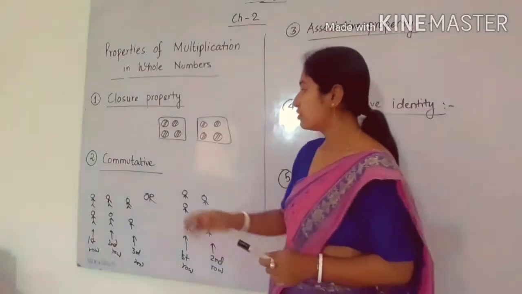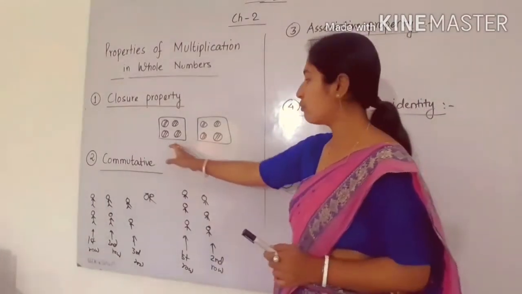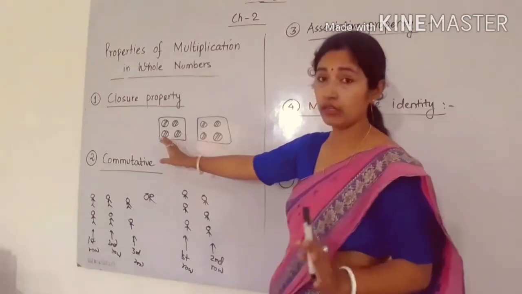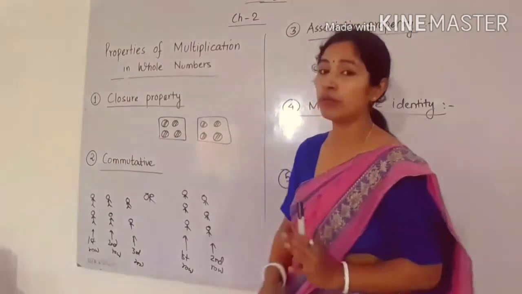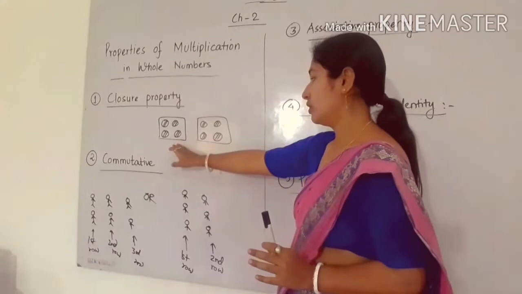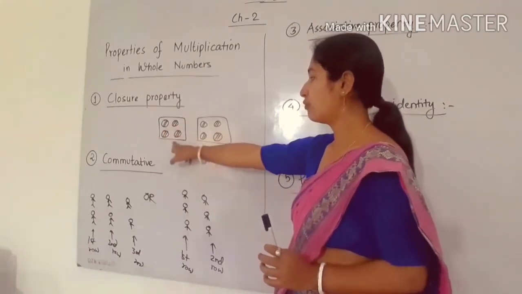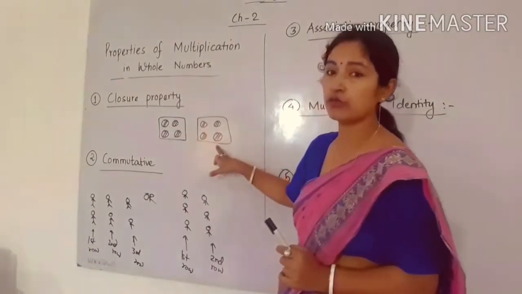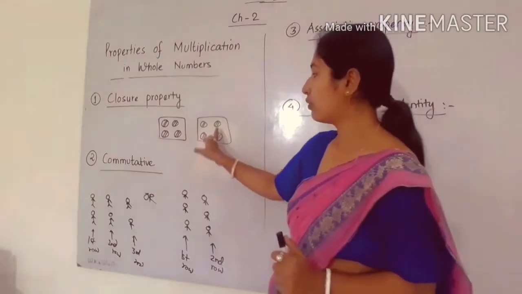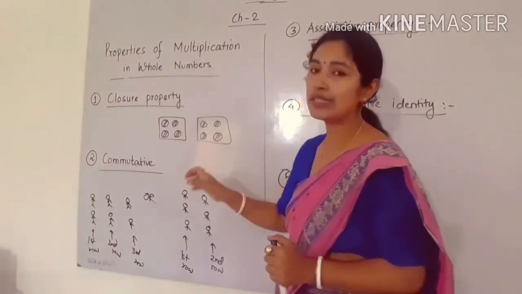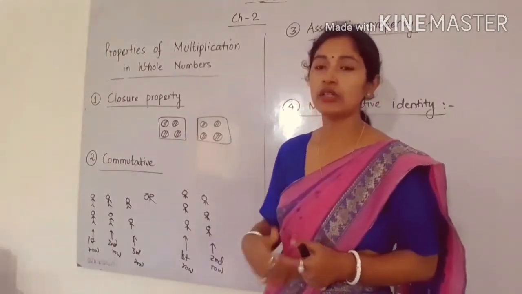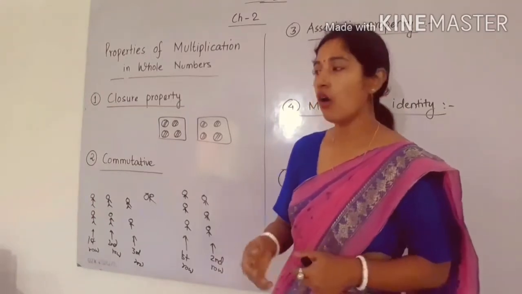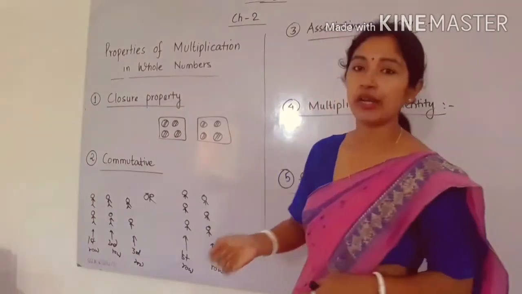Suppose we have two boxes, and in each box we have 4 balls. Suppose this is box 1, here the number of balls is 4, and here also the number of balls is 4. How will you calculate the number of balls? You can simply add, or count forward, or you can use the operation multiplication.